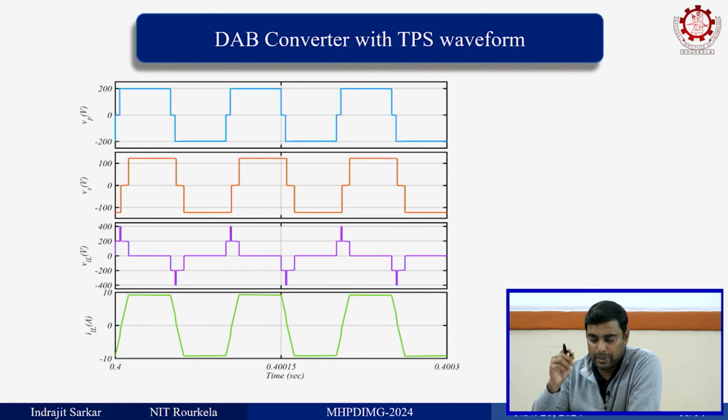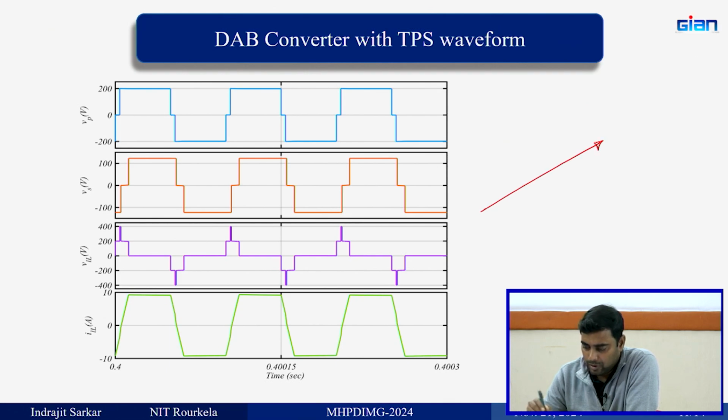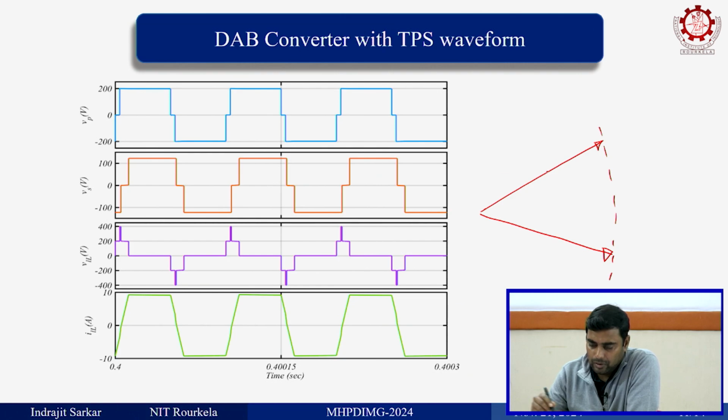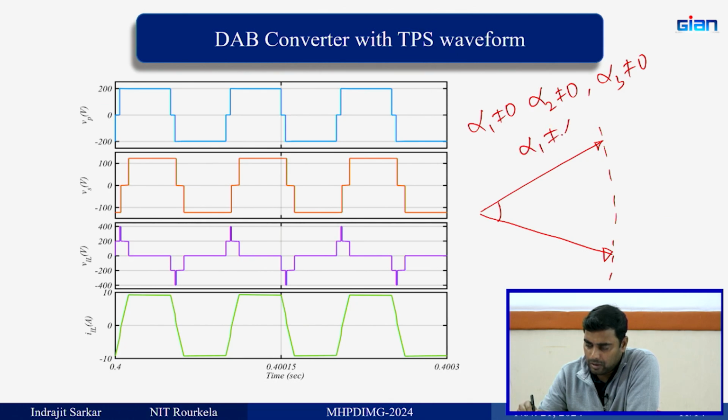Another waveform is TPS. In TPS the degree of freedom is much more. Previously in SPS we had two phasors like this. Now alpha 1 is not equal to 0, alpha 2 is not equal to 0, and alpha 3 is not equal to 0, but alpha 1 is not equal to alpha 3.